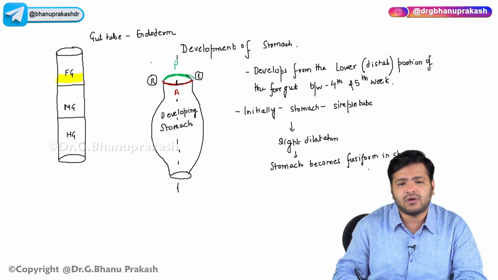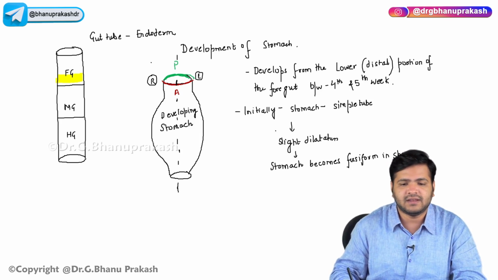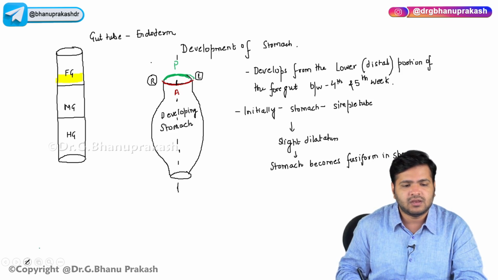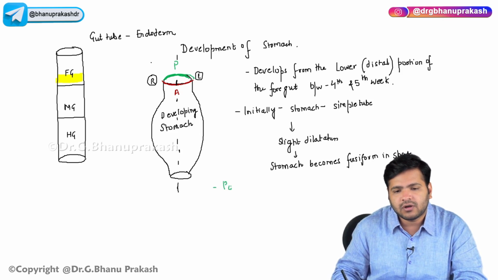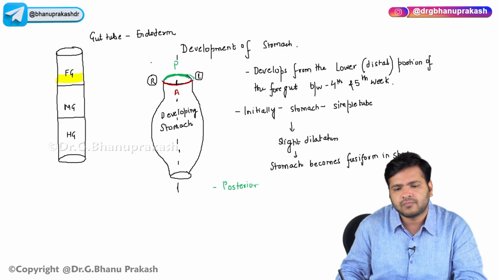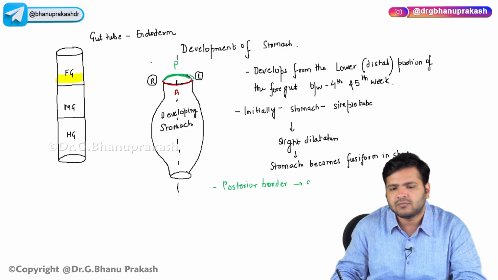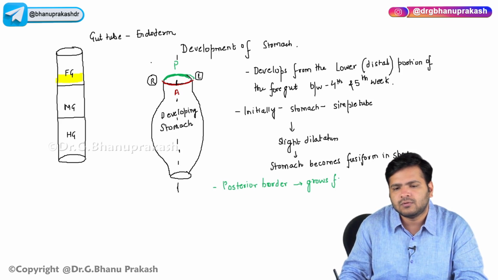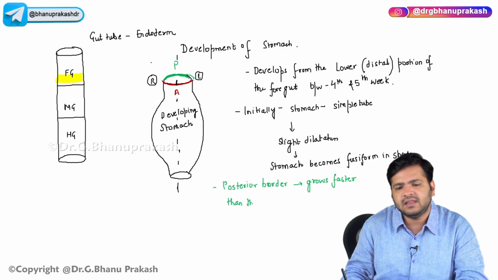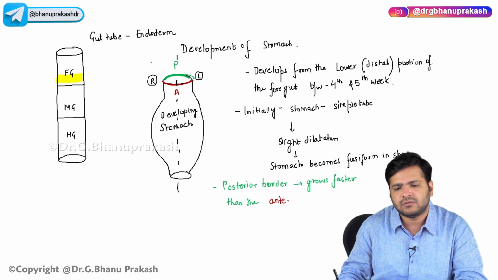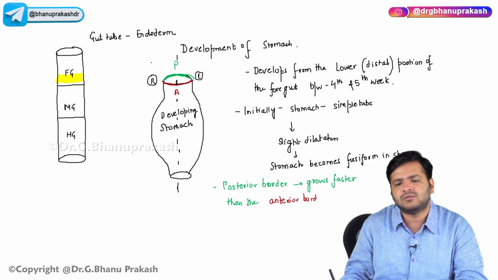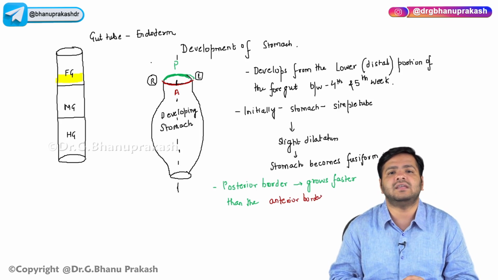The posterior border, which I have highlighted with green, remember, grows faster than the anterior border. So the posterior border grows faster than the anterior border.